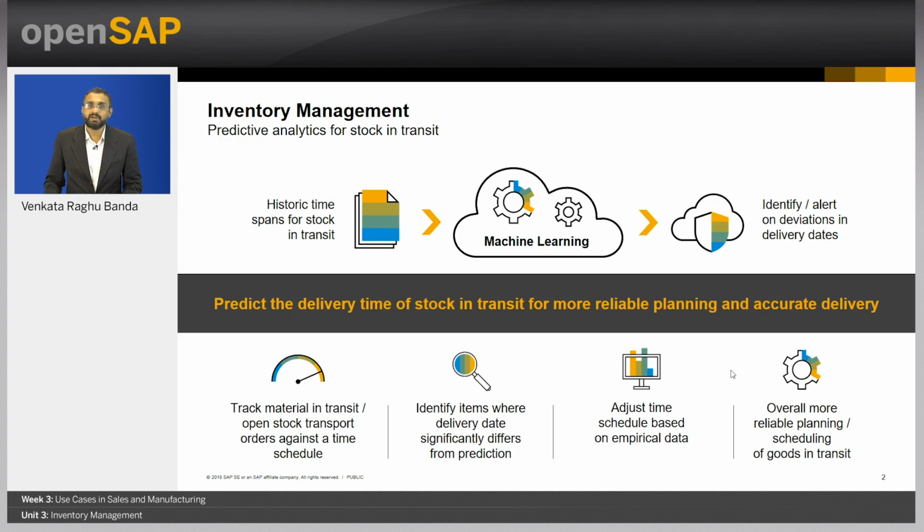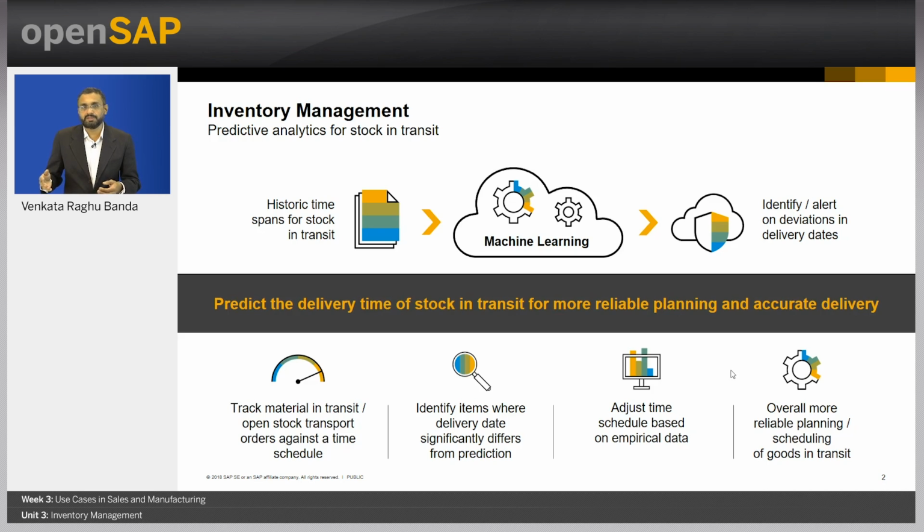As you might have noticed in the earlier unit, you have understood what the different technologies are, the predictive analytics integrator or the Leonardo technology. Here we will focus more on the predictive analytics integrator technology. As you might know, predictive analytics integrator is called PI, and it is embedded into the S4HANA business processes, which is what we are looking at here.